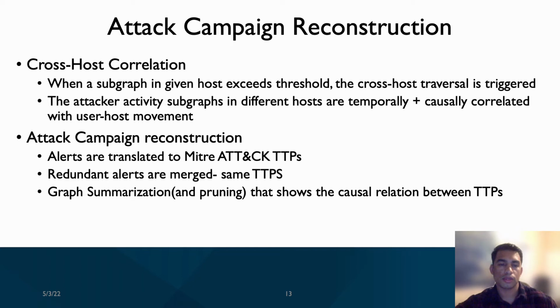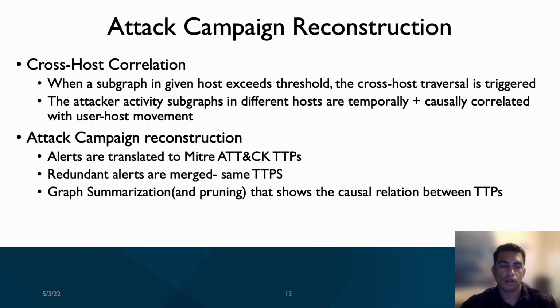Right, so once we have this giant campaign subgraph, we're ready to build the concise attack campaign graph. Some of the steps involved in this process: each of the alerts is first translated to the corresponding MITRE ATT&CK TTP tags, and then we merge the redundant alerts into one single node in that tactical graph.